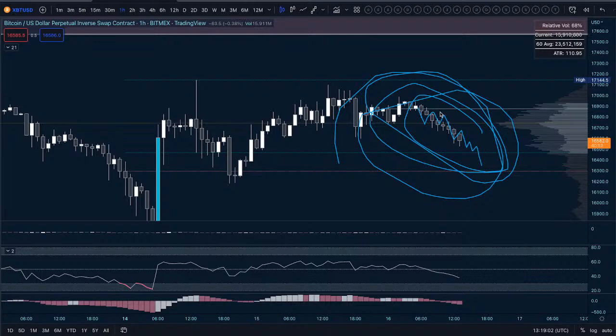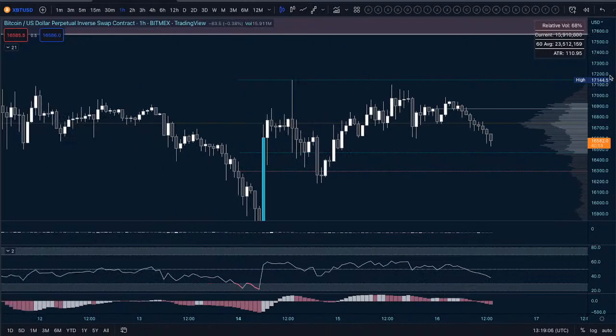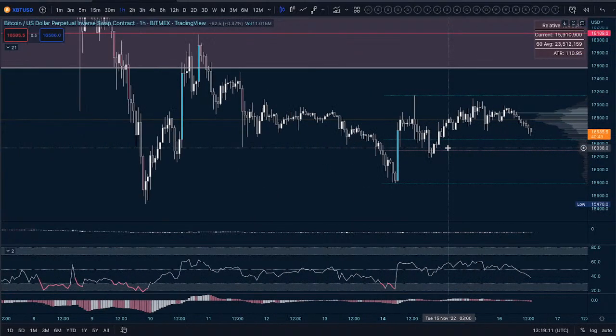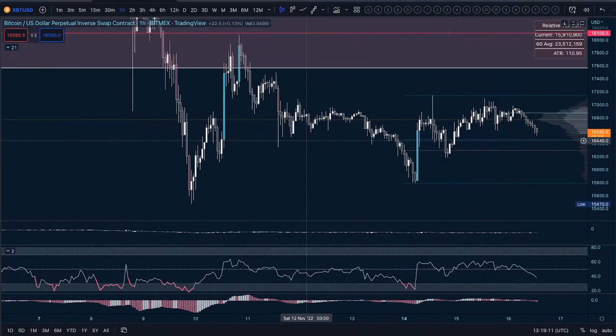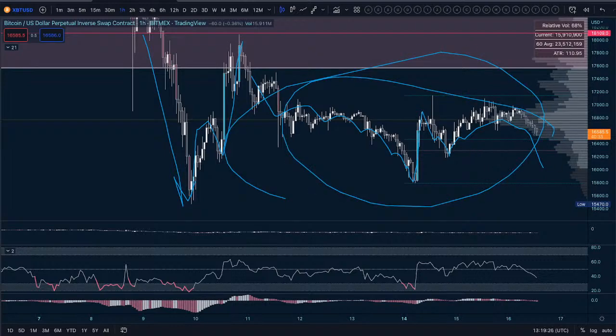Slow bleeds are not really my favorite. For example, I like these huge sell-offs to the level and then boom. But see, this is like a limp tick. Don't like this.